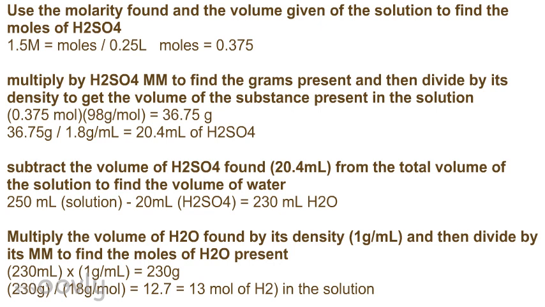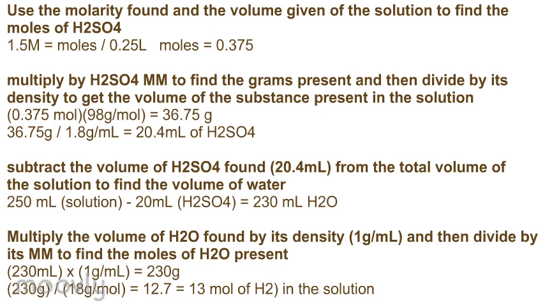Now, use the molarity formula, which is molarity equals moles over volume measured in liters, to find the moles of H2SO4 in the solution. So, use the molarity found, which is 1.5, and make it equal to moles over the volume given, which is 0.25 liters.